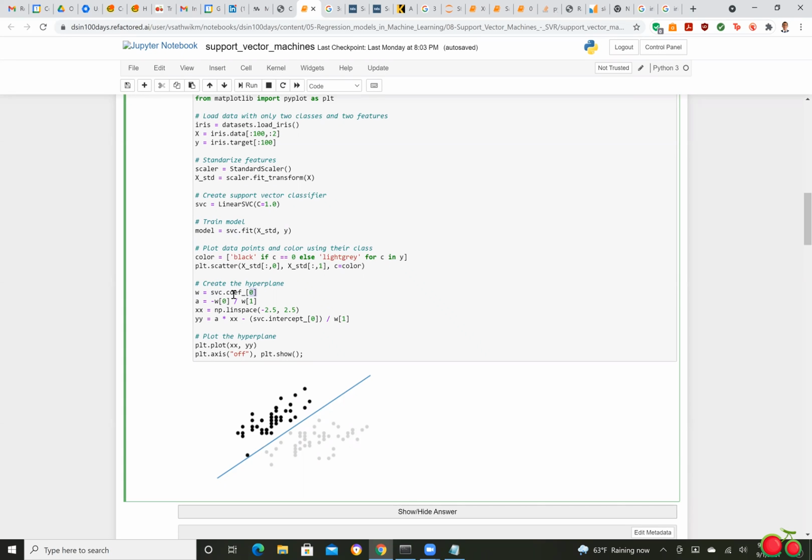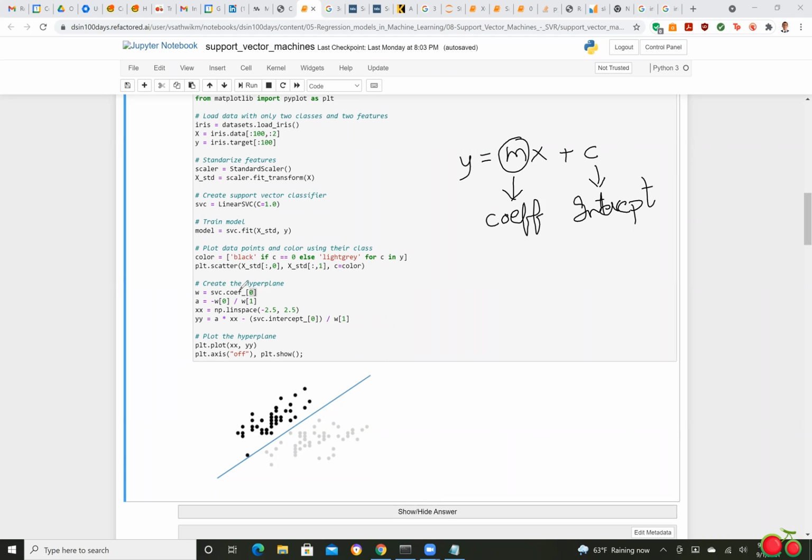So as I said, my equation is y equals mx plus c. This is my coefficient. This is my intercept. So this is the equation of a straight line, this is a coefficient and this is the intercept.